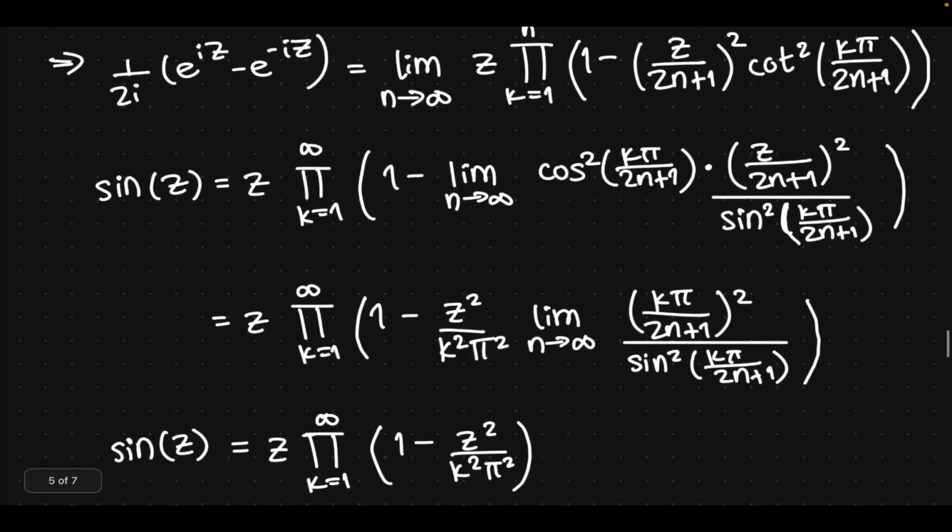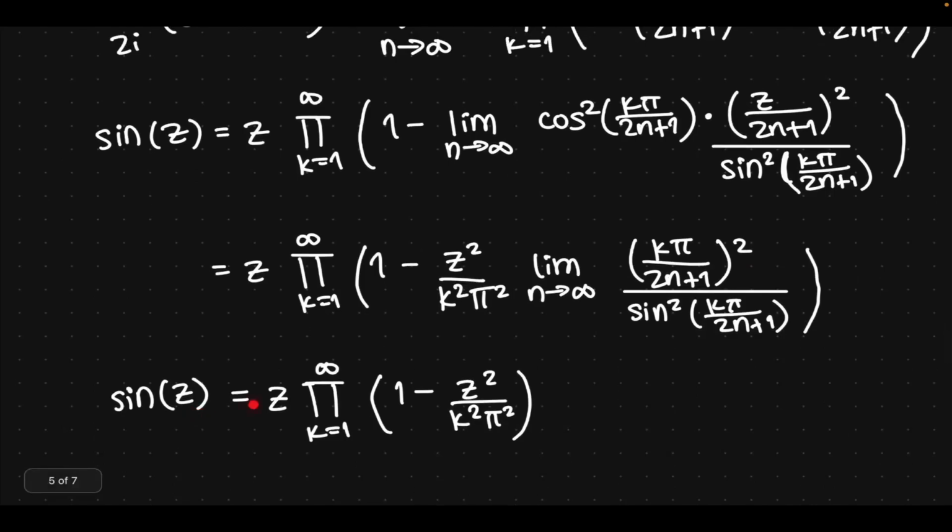This is just the form sine u over u as u goes to 0, because as n goes to infinity, 1 over 2n plus 1 goes to 0. We can change the variable and see that this is actually sine of u over u, just flipped. It's 1 over sine of u over u, the whole thing squared, which evaluates to 1. It's a famous limit.